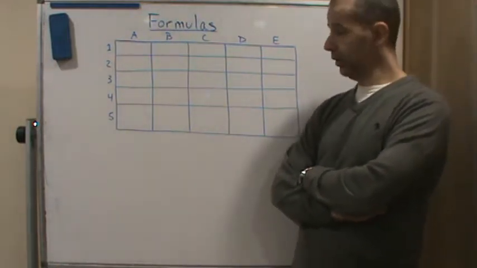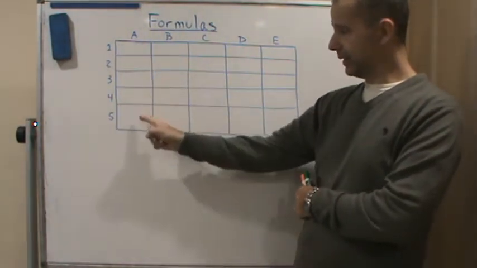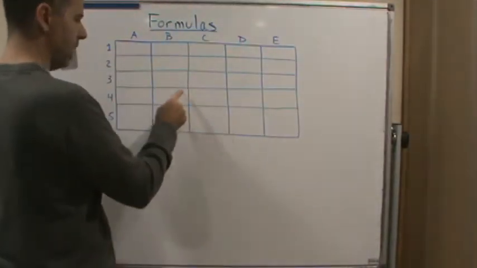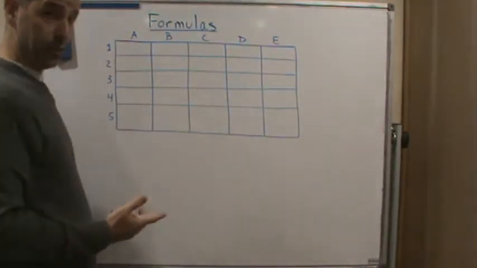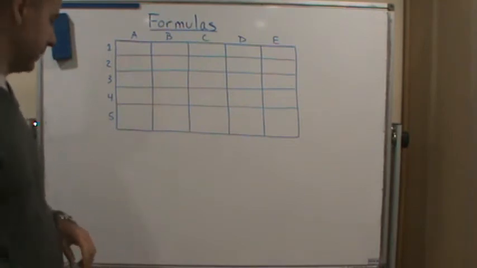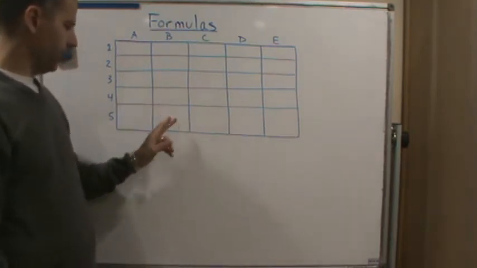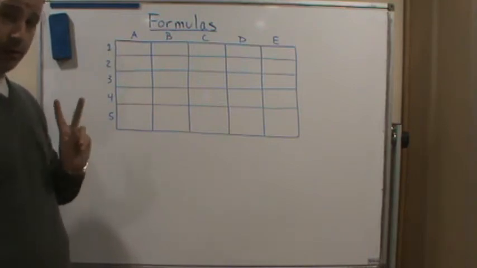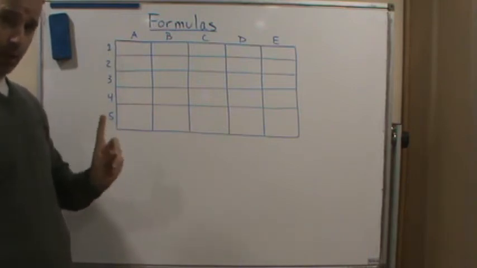Each one of these rectangles we call a cell. Each cell has an address. The address of a cell is comprised of two pieces, the row and the column that it's located in.